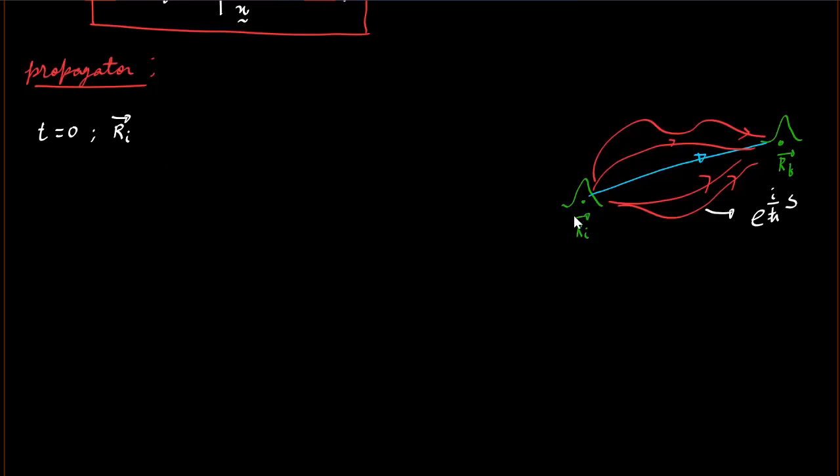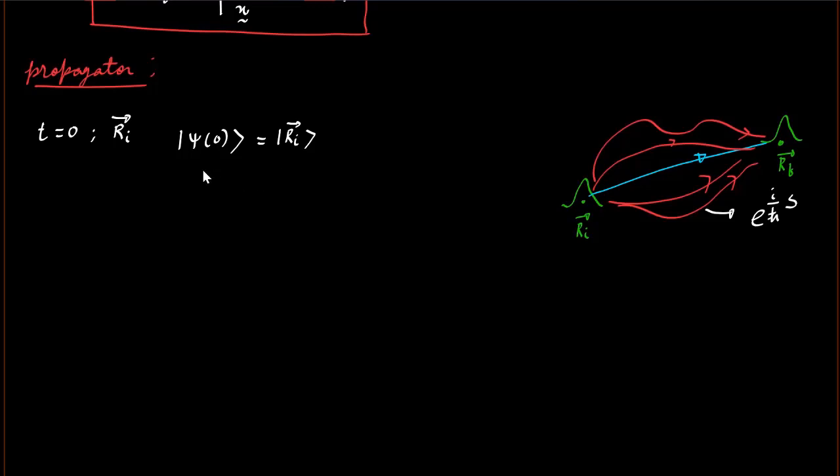Initially this quantum particle has some wave function. We define the wave function at time t0 as equivalent to the location of this particle, I mean this state vector, the position state vector.